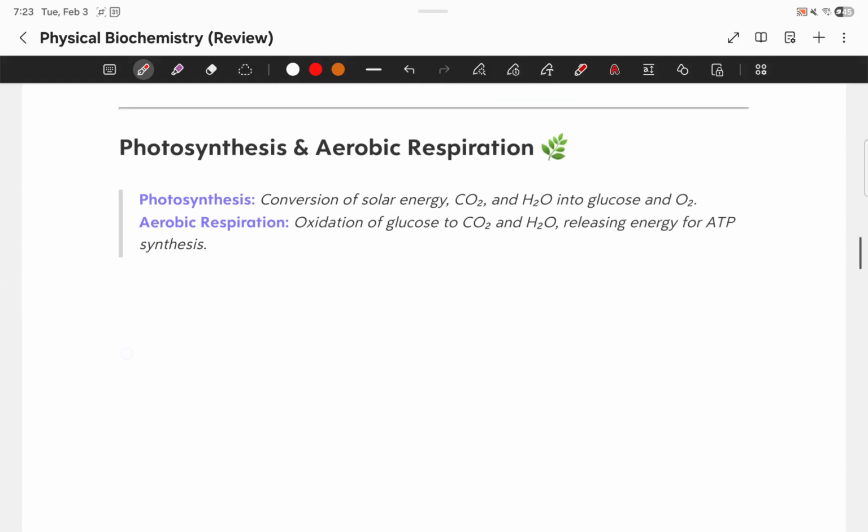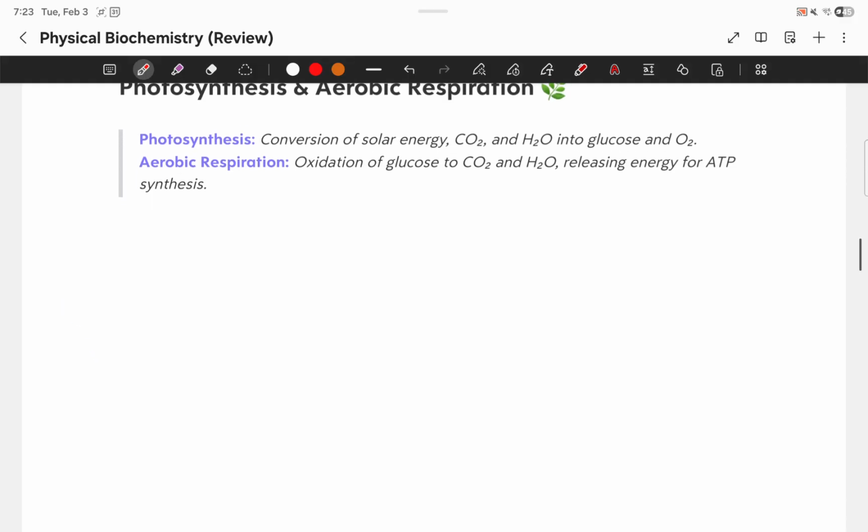Now moving on to photosynthesis and aerobic respiration. So basically, photosynthesis is conversion of solar energy, carbon dioxide and water into glucose and oxygen. Aerobic respiration is basically the oxidation of glucose to carbon dioxide and water, releasing energy for ATP synthesis.